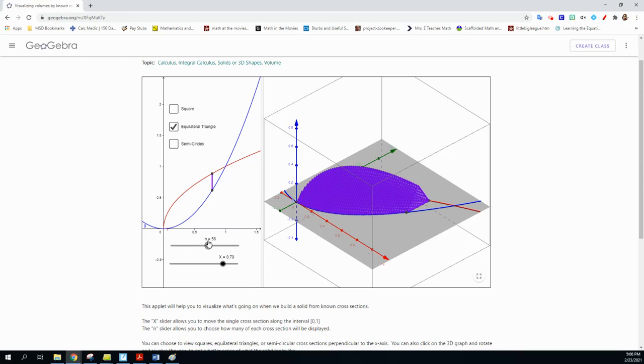The shapes are very similar, but they're different depending on the actual shape we're using. And let's look at the semicircles. Here are some semicircles. Again, if we increase it, we're going to get a different shape, but same type of idea. There's some three-dimensional image that we get when we increase the number of whatever shape we're using.